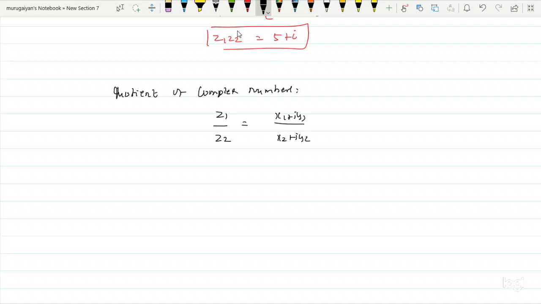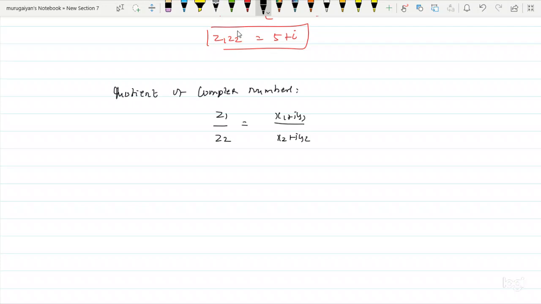We have to convert the denominator into a real number. The conversion of a complex number into a real number is known as rationalization. In rationalization, in order to convert an irrational number into a rational number, we call it rationalization; here we can say it is the conjugation process. So we are going to discuss what is the meaning of conjugation.